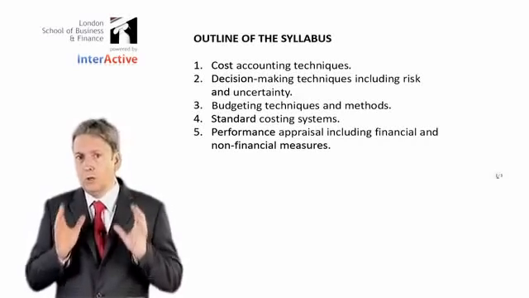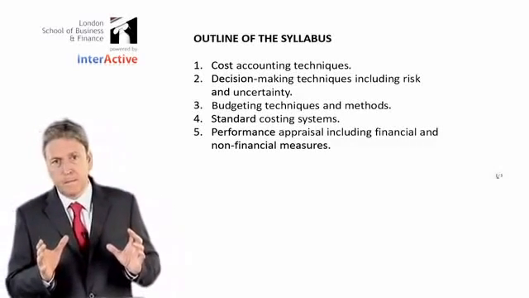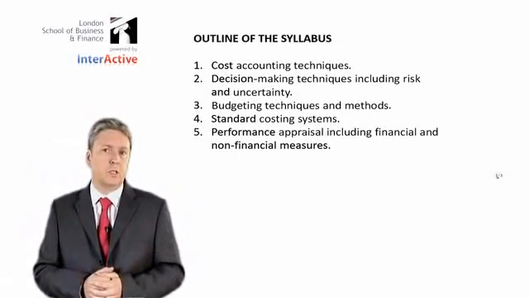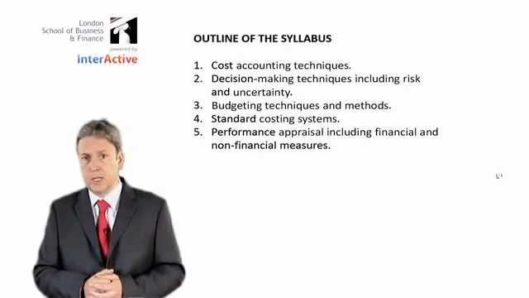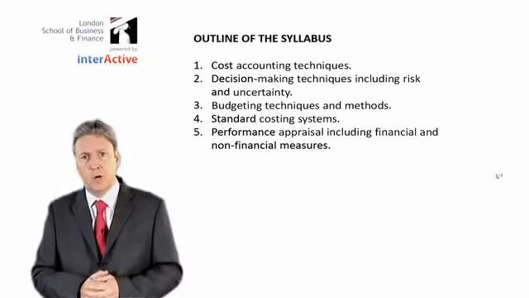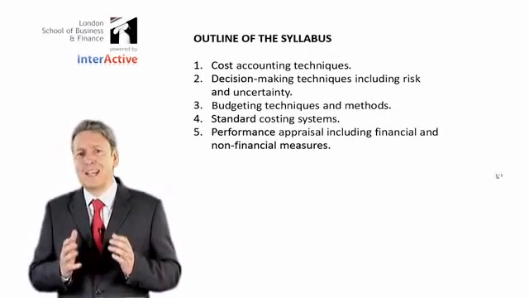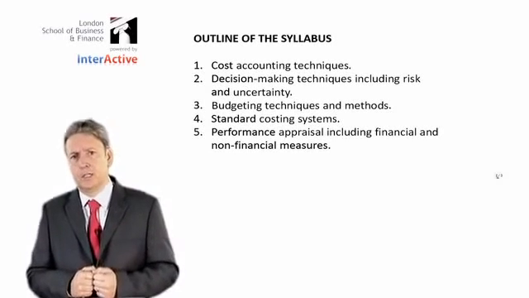So there are a whole host of little bits and pieces here. My view is that variance analysis, the standard costing part of the syllabus, is there to prove that you've done the work, because if you do practice your variances, you are almost guaranteeing yourself a few marks in the exam.